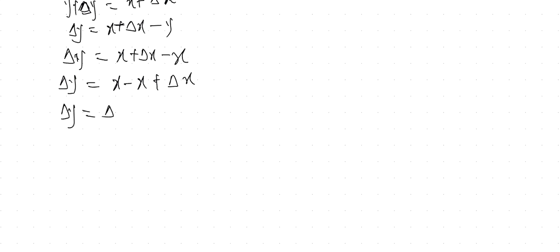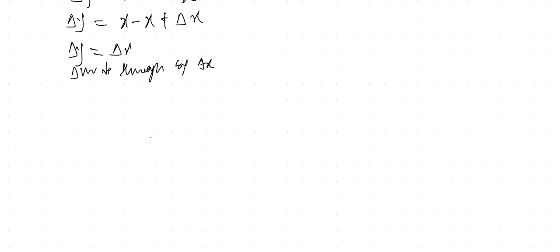So the next thing you do is you divide through by change in x. If you divide through by change in x, we have that change in y over change in x is equal to change in x divided by change in x, which is 1.